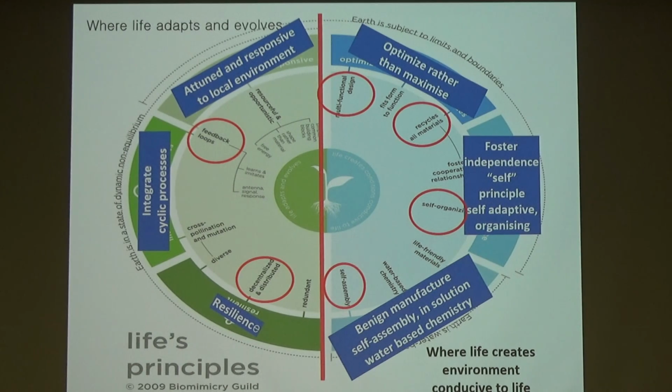So, for example, organisms, life forms, are very attuned and responsive to their local environment. They integrate lots of cyclical processes, with feedback systems, and they're very resilient. So these are features and functions that are really important. We can develop and use them in our technologies. They optimize rather than maximize.